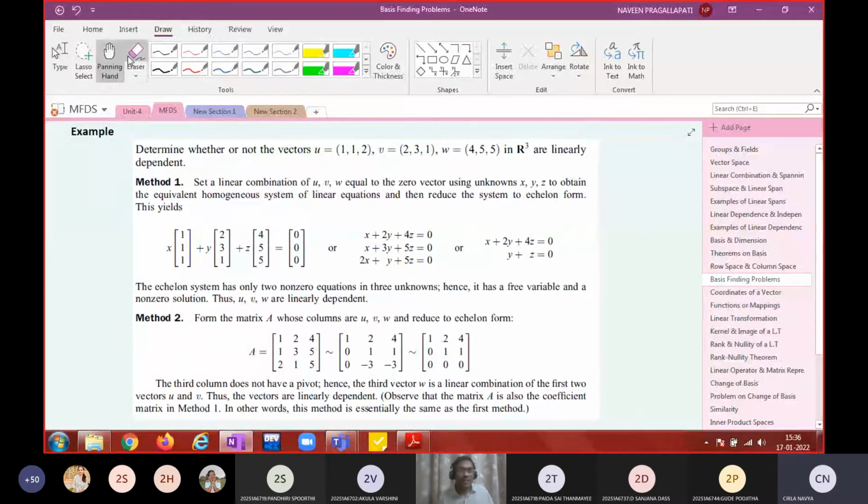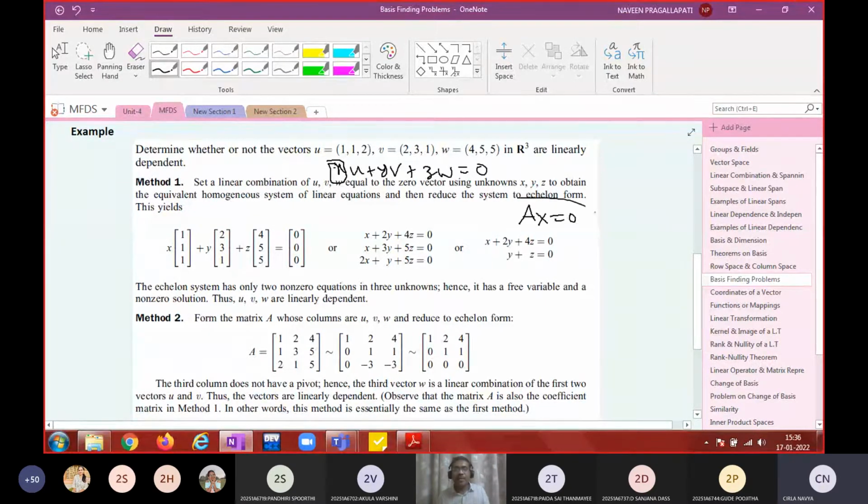What is the first method that we discussed? Linear dependency means xu plus yv plus zw must be 0 for at least one non-zero scalars of x, y, z. That means if you can find a non-zero solution of Ax equal to 0, then they are going to be linearly dependent. That is one way of doing.